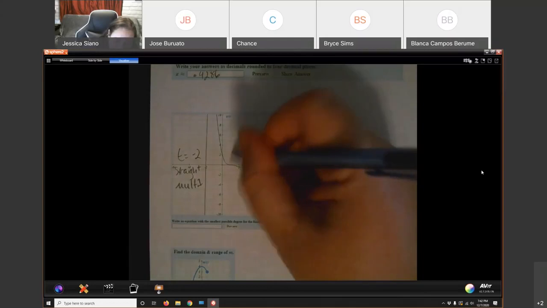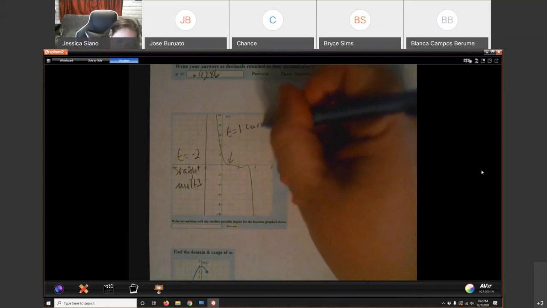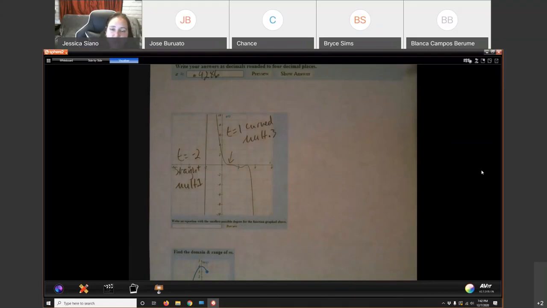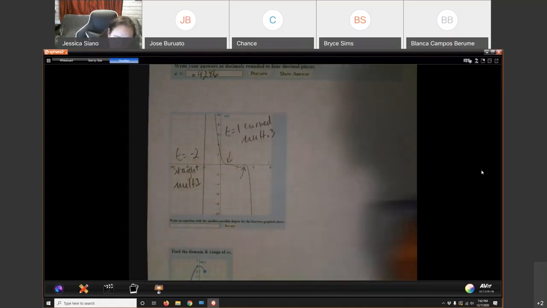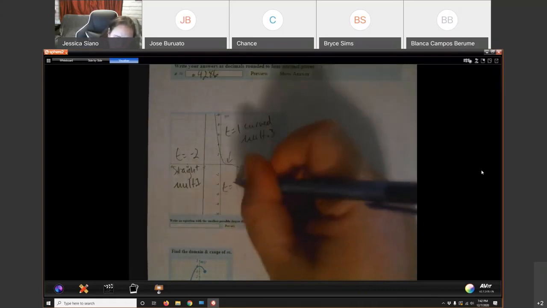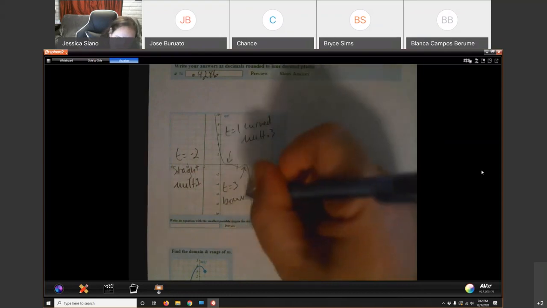I have a 0 here at T equals 1. It crosses curved, so that means its multiplicity is 3. And I have a 0 here at T equals 3. It bounces, so that means its multiplicity is 2.